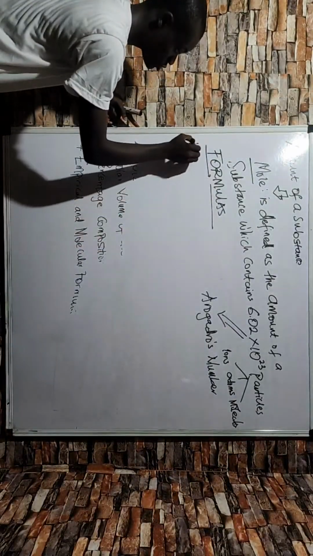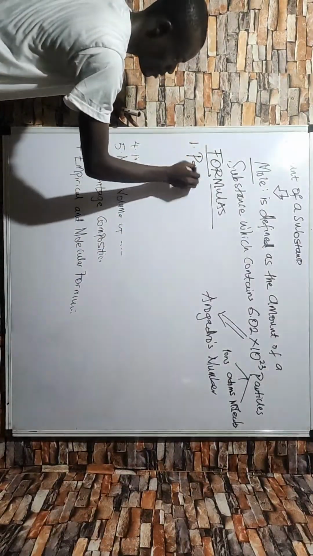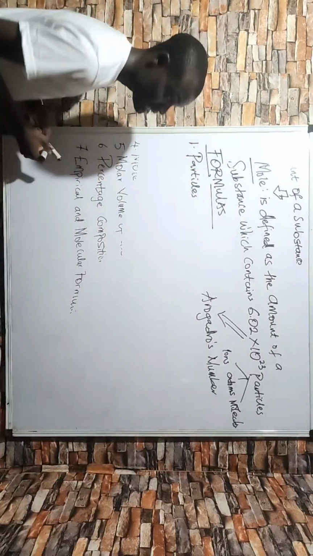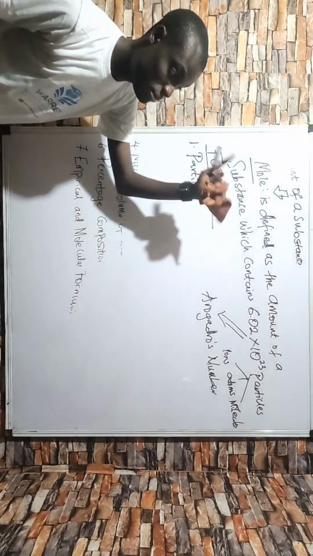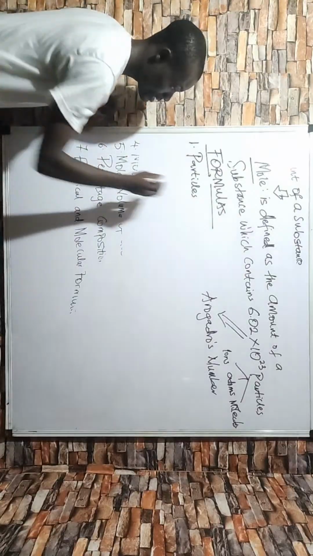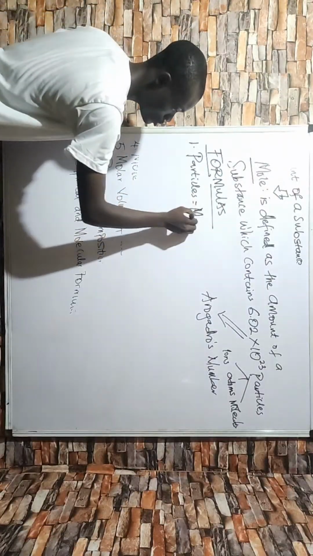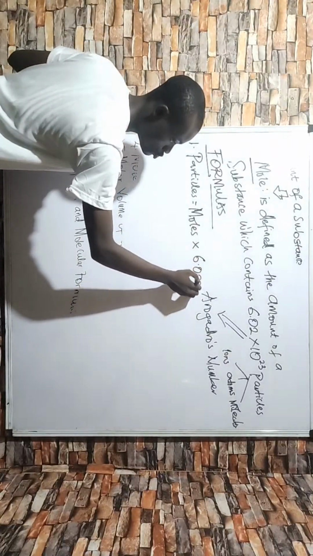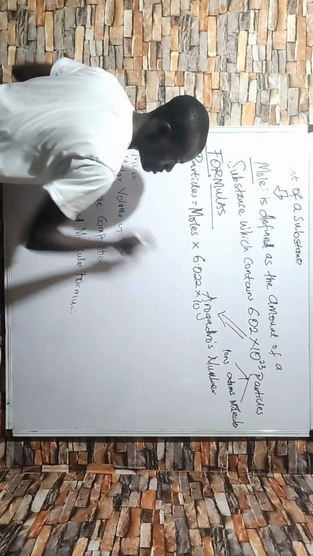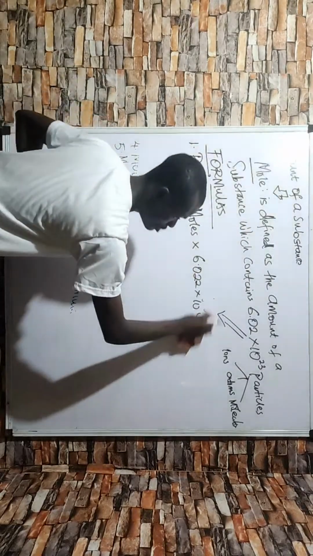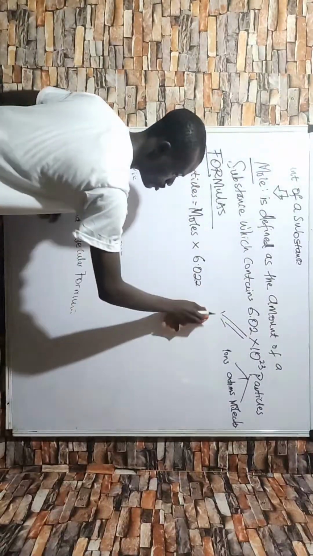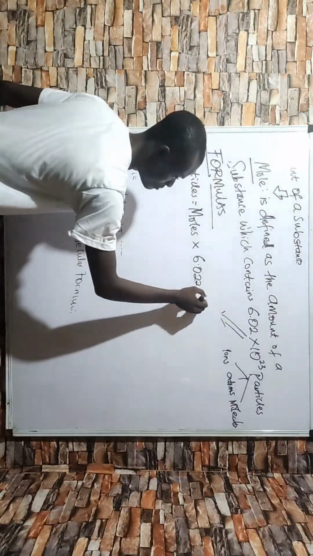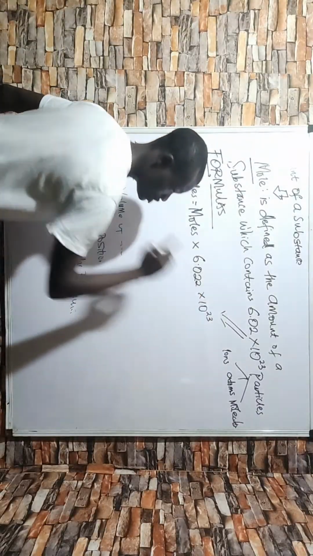So the first one I'm going to look at is that particles, whatever the particles may be, and I told you that particles can be ions, atoms, or molecules. That particles is equal to mole of the substance times 6.022 times 10 to the power 23, which is what we refer to as Avogadro's number. So this is one formula.